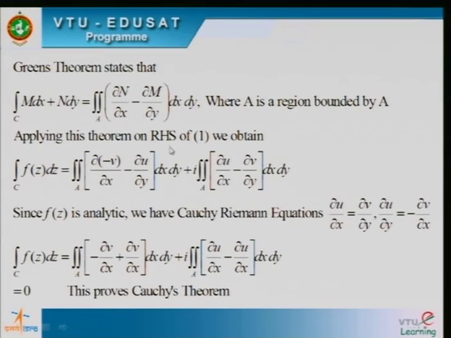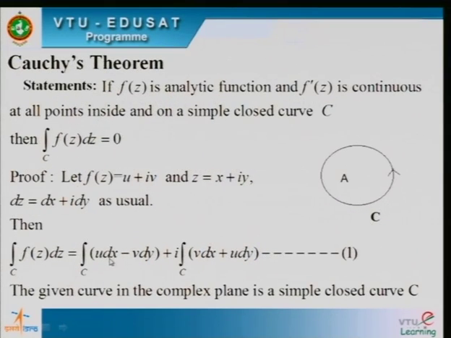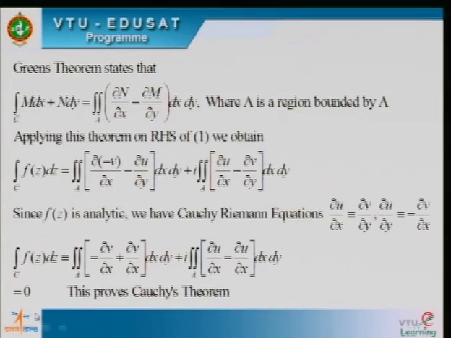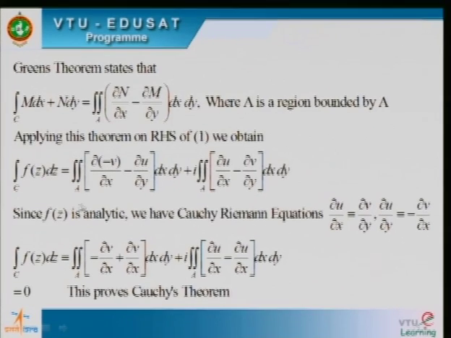Applying this theorem on the RHS of 1, in the m dx plus n dy form, we get the surface integral of dou by dou x of minus v minus dou u by dou y dx dy.